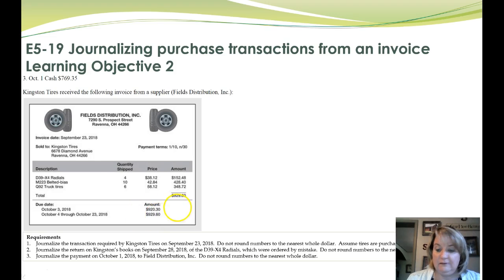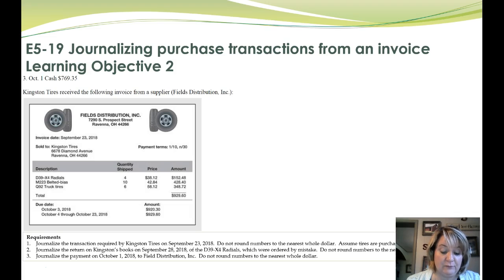So this is what you have, the requirements. Journalize the transaction required by Kingston Tires on September 23rd, 2018. Do not round numbers to the nearest whole dollar. Assume tires are purchased on account. Journalize the return on Kingston's books on September 28, 2018 of the D39X4 radials, which were ordered by mistake.